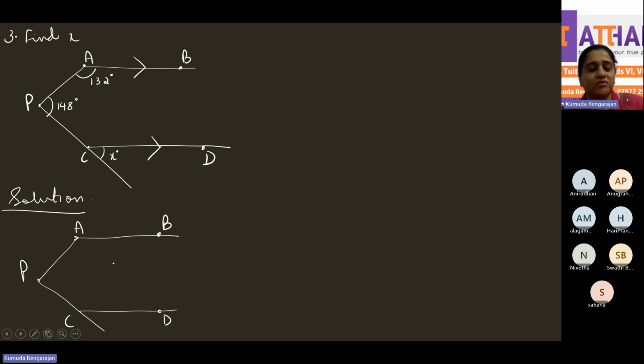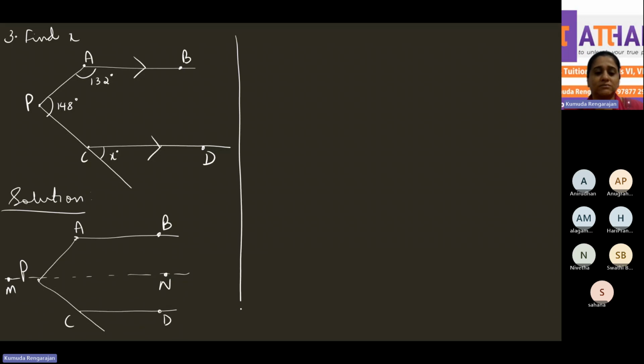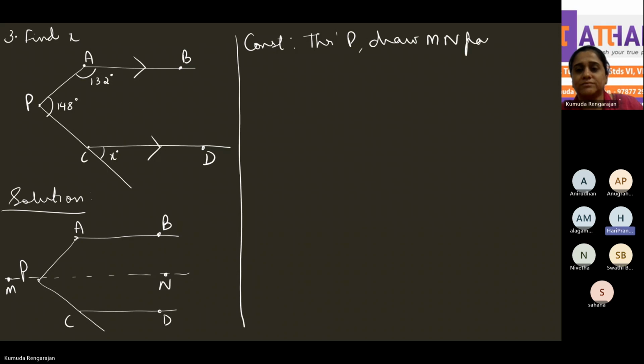Yeah, Hari Pranav, what's your first step? Construction through P, draw MN. Very good. Through P, draw MN. Let me mark M here, N here. So construction: through P, draw MN parallel to AB.